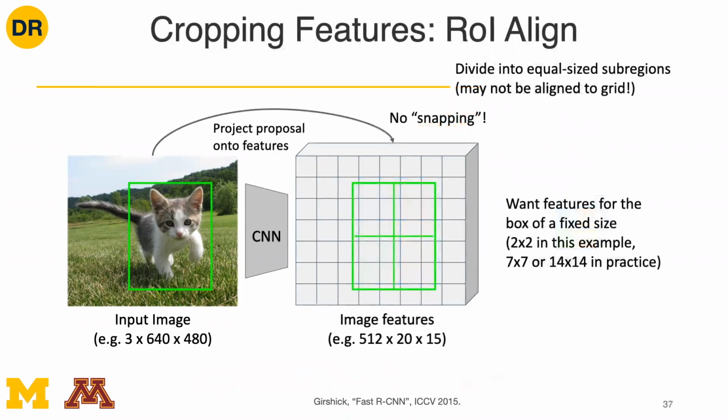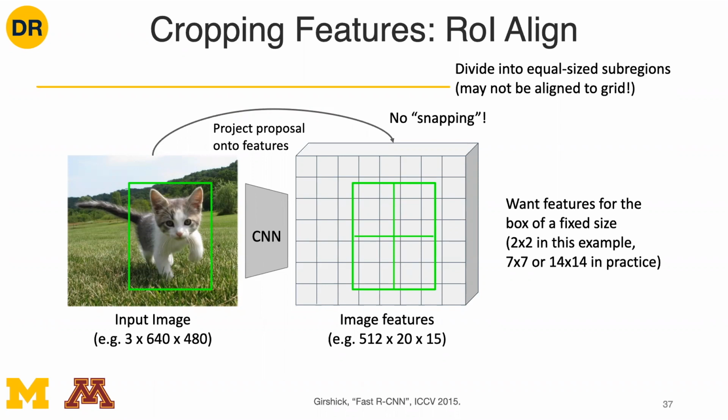This is a little bit involved. Instead of snapping to the grid structure, you would want to retain the structure that was coming from the proposal. So the green bounding box that you have with 2 by 2 regions is from your proposal, and you want to use it as such and not change it for the grid structure of your feature map.